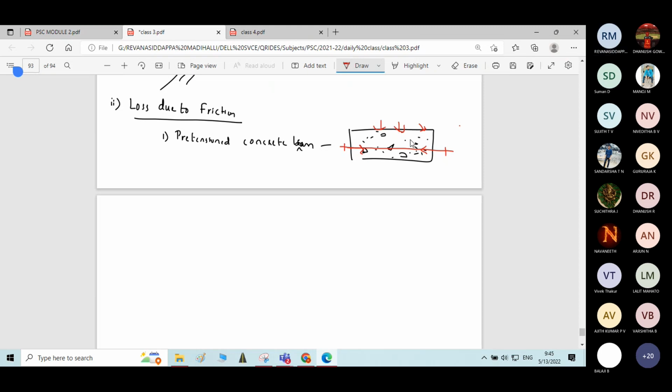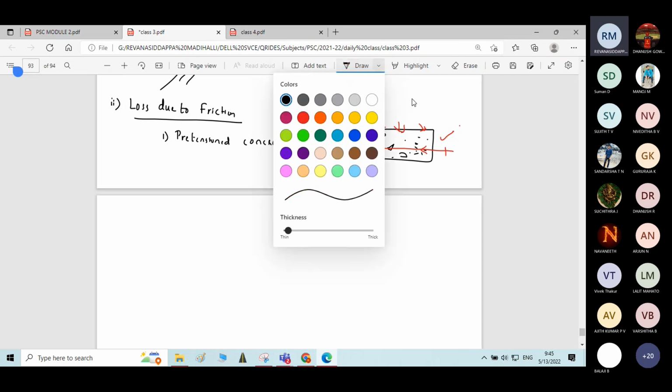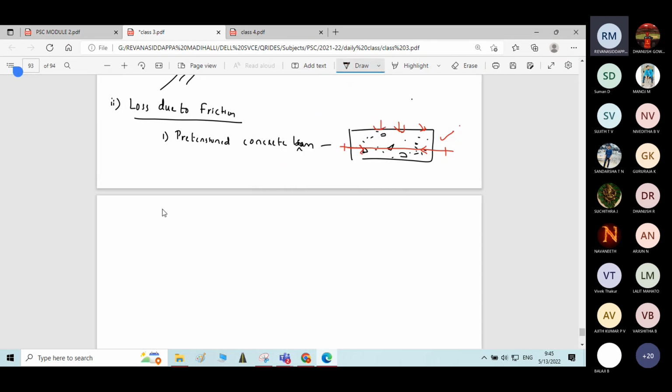Therefore, we need not calculate loss of stresses due to friction in a pre-tension concrete beam. We only need to calculate loss of pre-stress due to friction for a post-tensioned concrete beam.